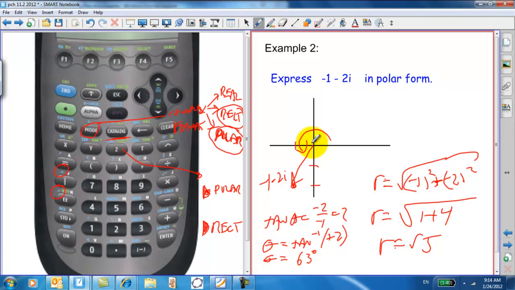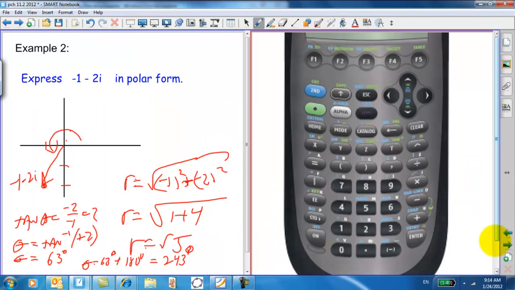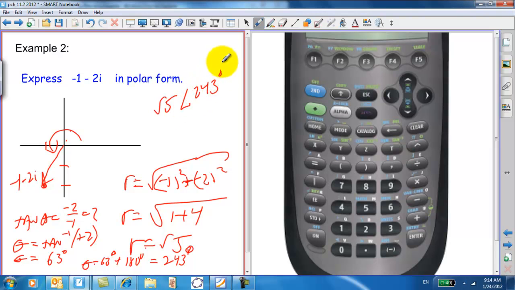You have to look at your diagram to say, oh, this is 180 degrees beyond 63 degrees, so the angle we want is 63 plus 180, or 243 degrees. So our answer is square root of 5 at an angle of 243 degrees for polar form. You could also say square root of 5 cis 243 degrees.